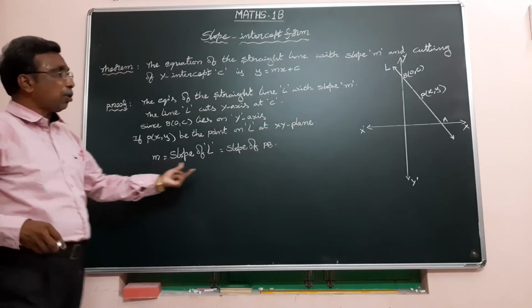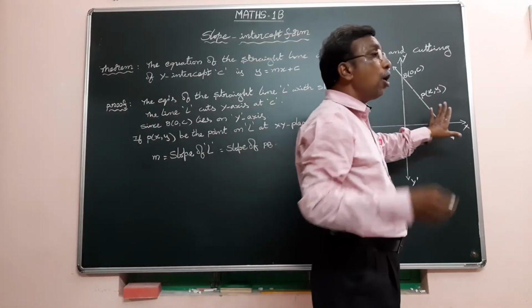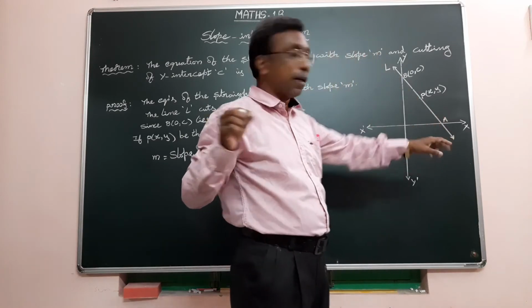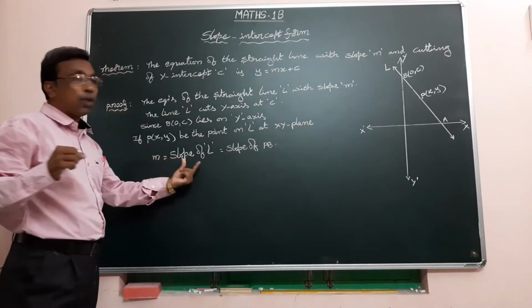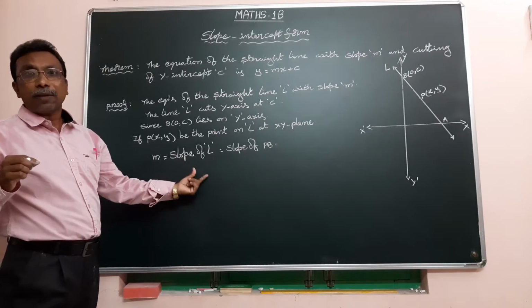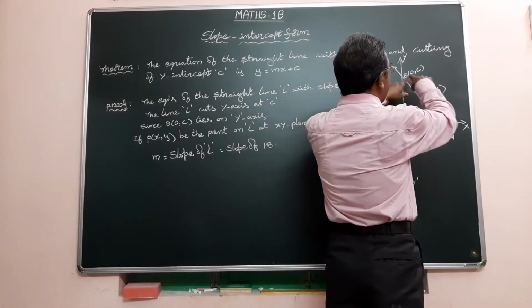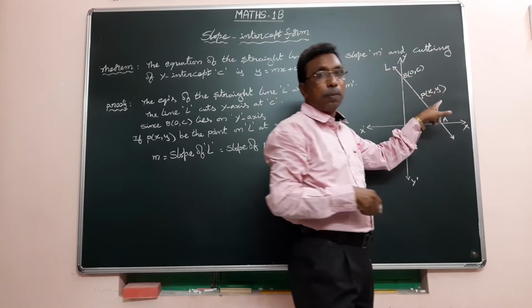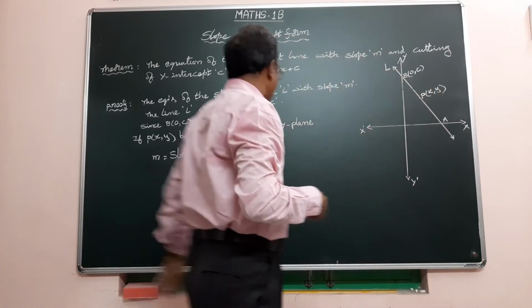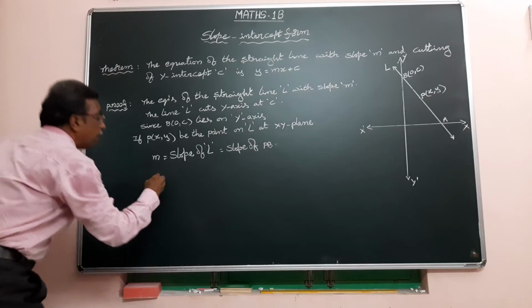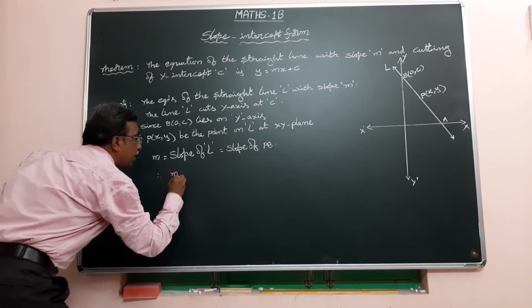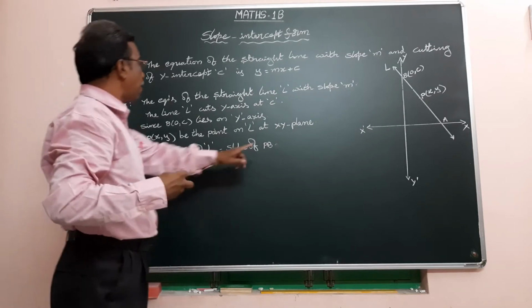M means the slope of line L. Slope of L means the slope of these two points, the slope of PB. Therefore, m equals the slope of PB.